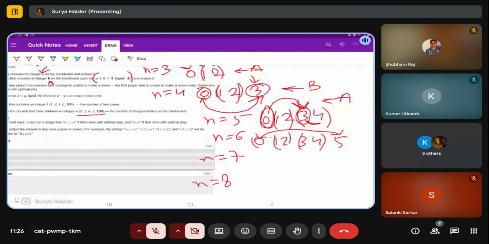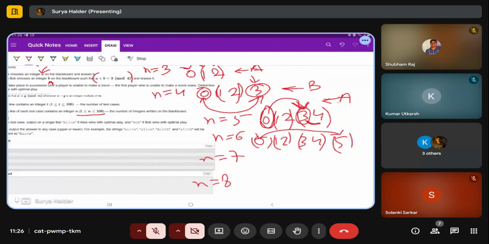Now, for n equals 6, 0 and 5 cannot form a group because 0 plus 5 is 5, and modulo 4 it is 1, not 3.